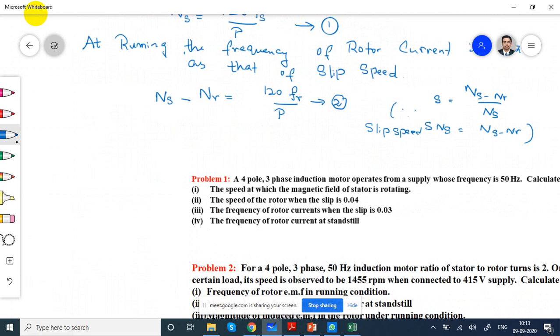Now divide equation number 2 by equation number 1.